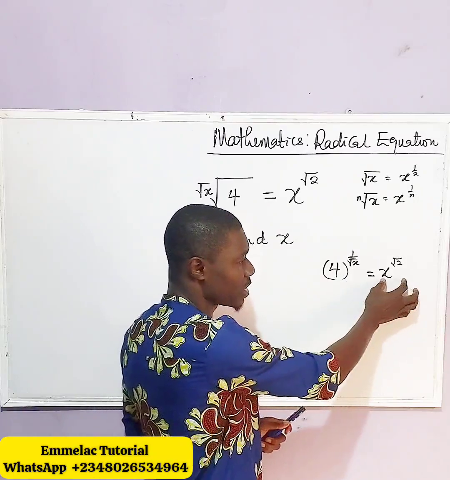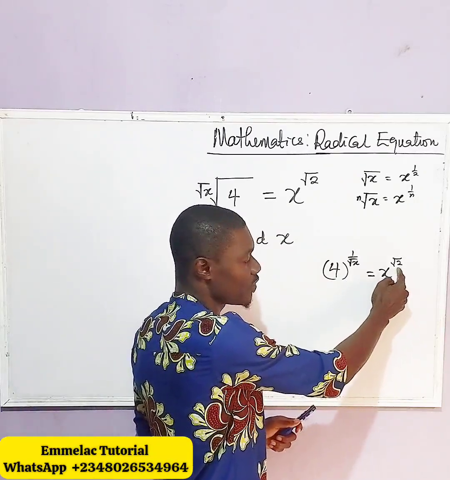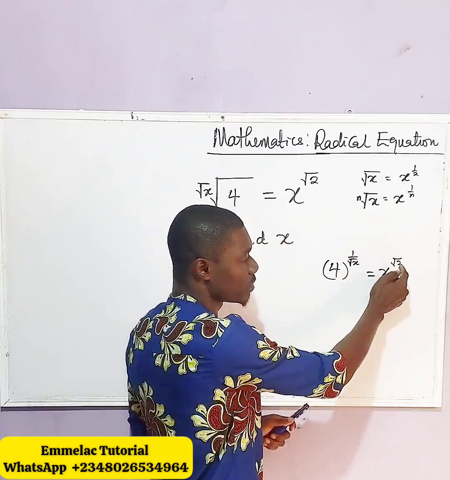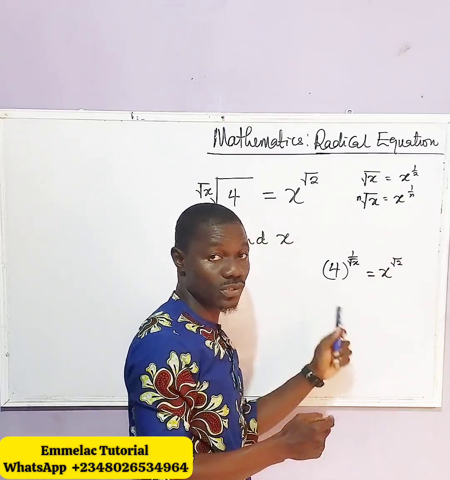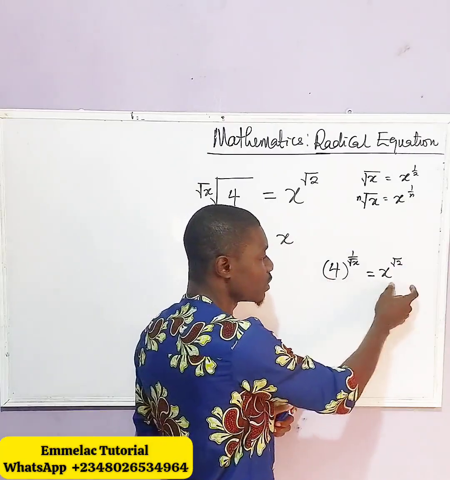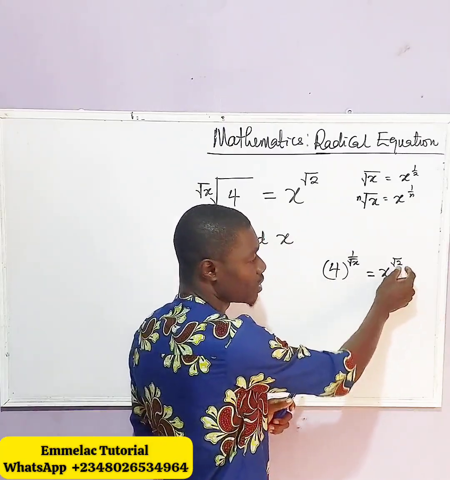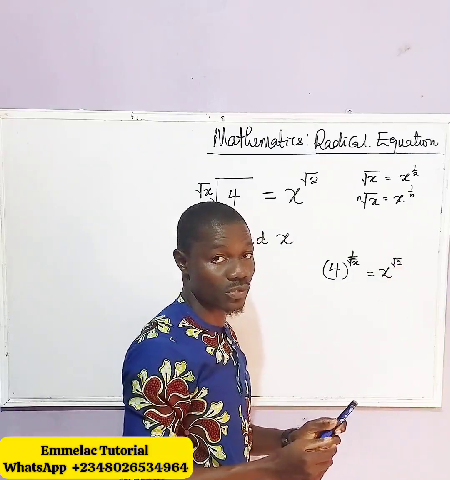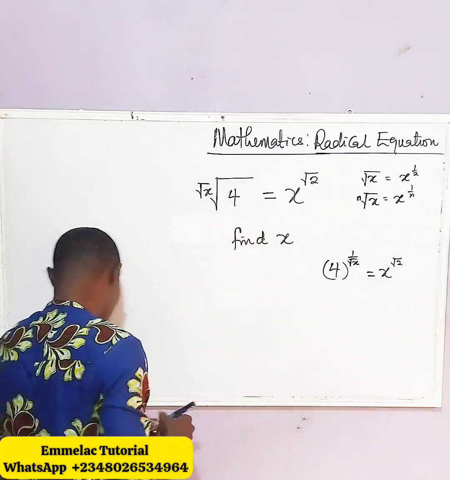The same pattern I also need if I'm to move the square root of 2 to the left hand side: I need to raise both sides by the reciprocal of the square root of 2.